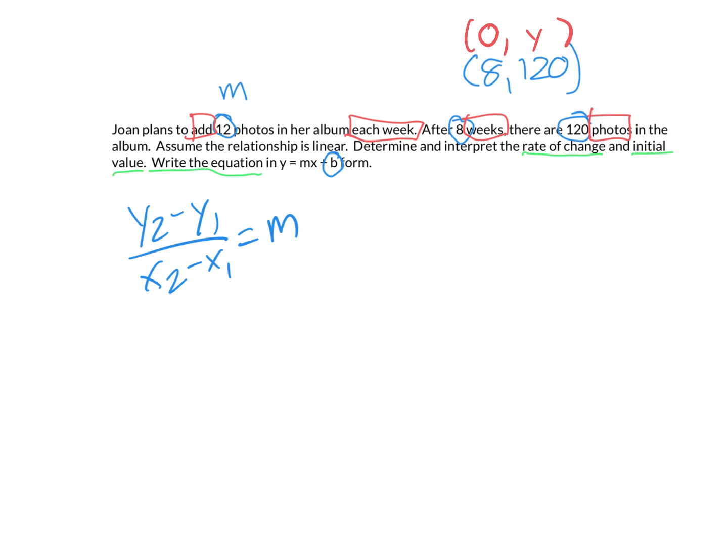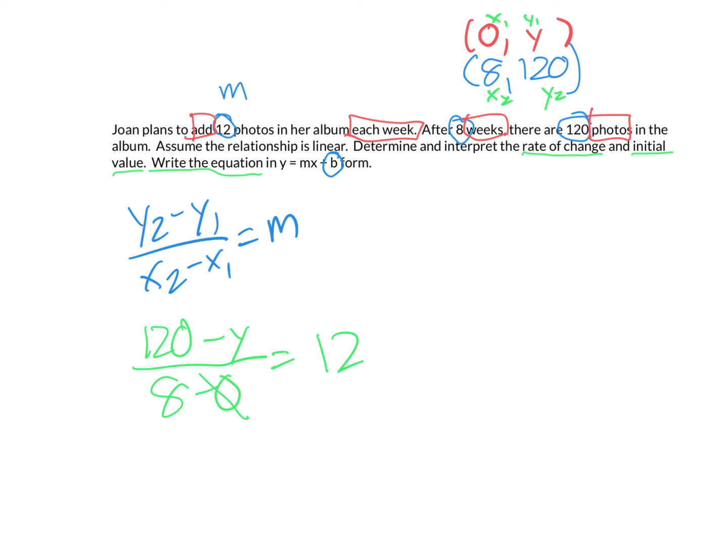So I'm going to make this x1 and y1, x2 and y2, just so that it subtracts out nicely. So I'm going to get 120 minus y, and I don't know it yet, over 8 minus 0, and I know it's going to equal 12. So 8 minus 0, guys, is just 8.